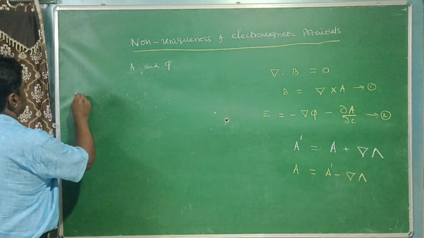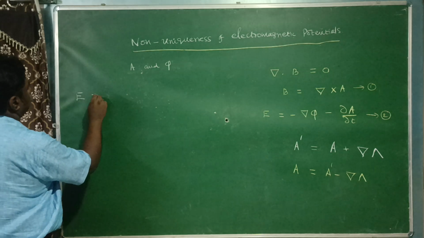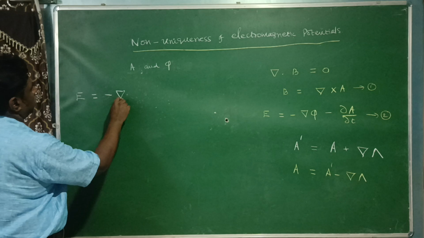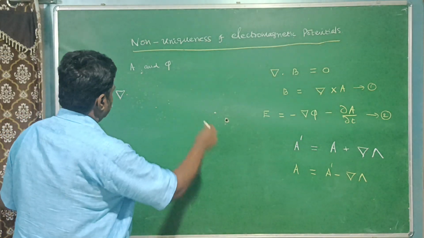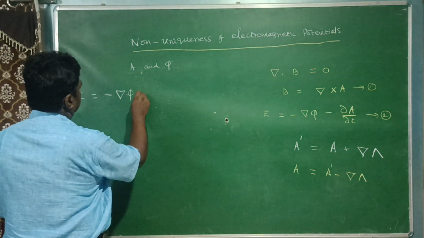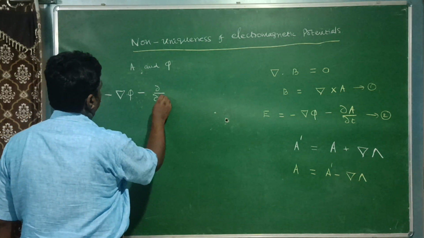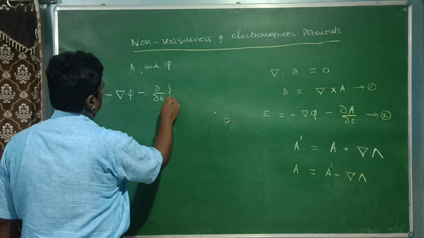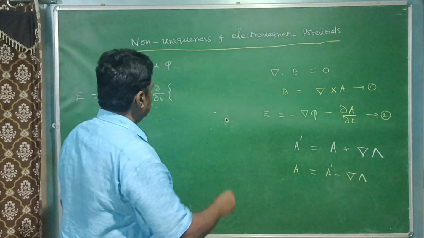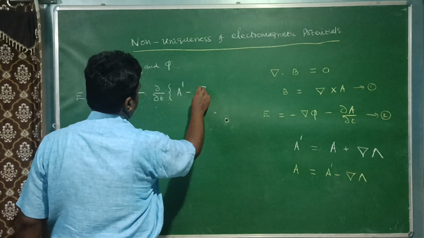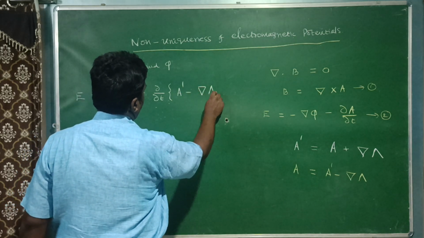The electric field E equal to minus gradient of phi minus dou by dou t of, the value of A is A dash minus grad lambda.